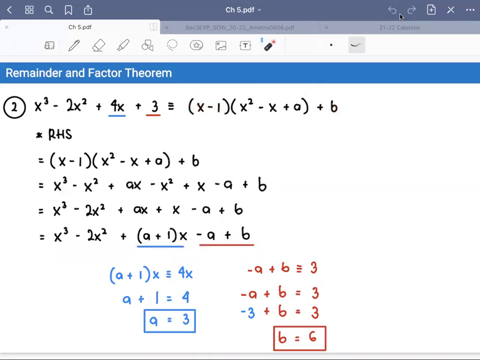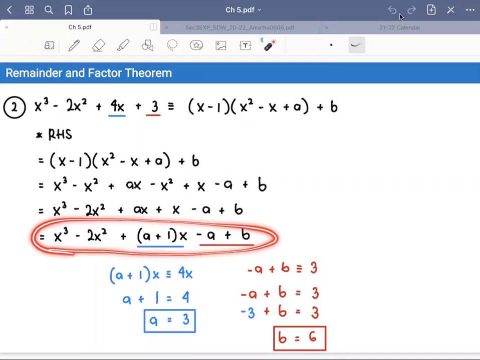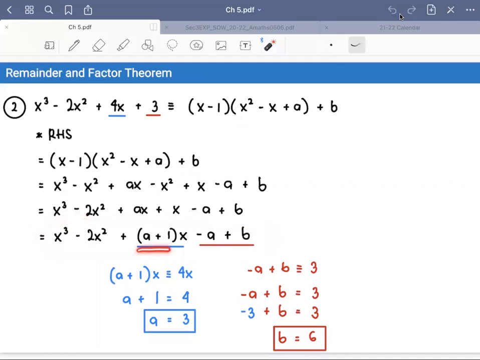Okay. Again, this is done by comparing the coefficients. When you compare the coefficients, you're basically just comparing the number or the expression in front of x. For example, now we are looking for a and b, because those are the two unknowns on this question, right? So we have a plus 1 x.